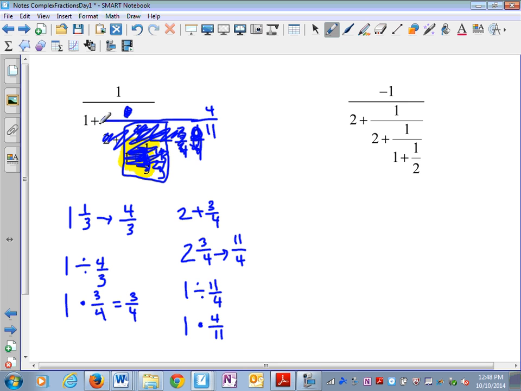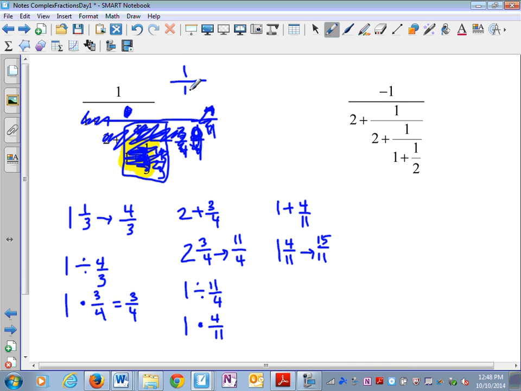I've got 1 plus 4/11, which again, you can just combine to be 1 and 4/11. That ends up turning into the improper fraction of 15/11. And then we've simplified all of this to be 15/11.